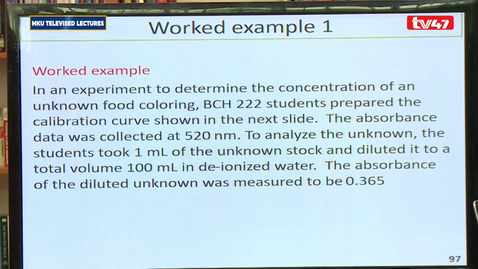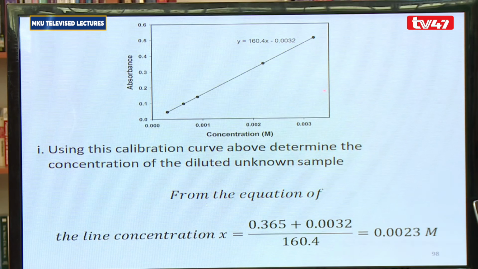Remember from the previous slide, the unknown had an absorbance of 0.365. If we didn't have the equation of the line, we would look at the y-axis, find 0.365, and then interpolate and read the concentration. However, because the equation of the line is given, we only need to make x the subject because we already know y.